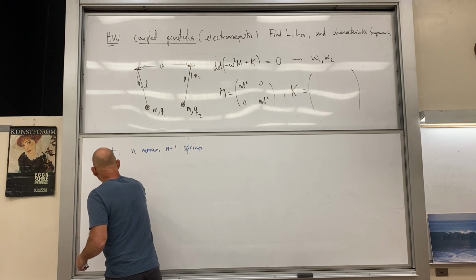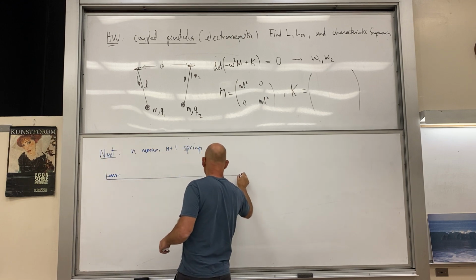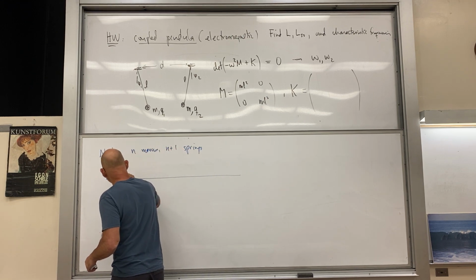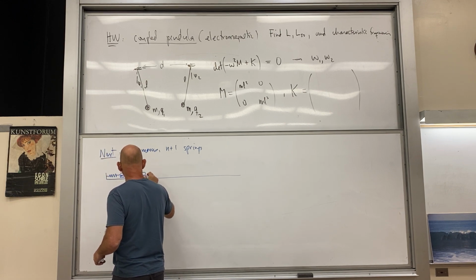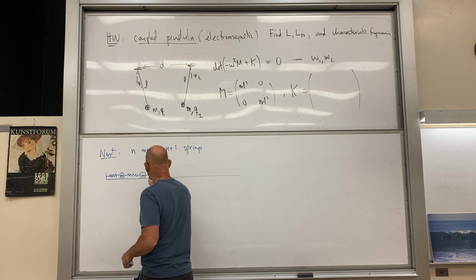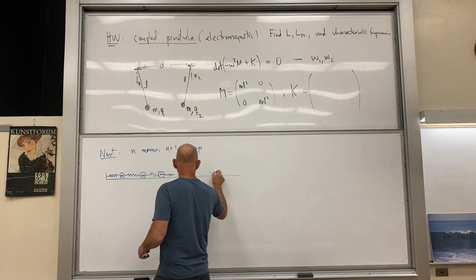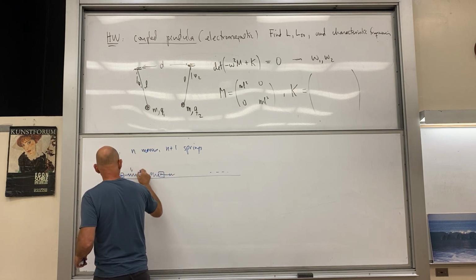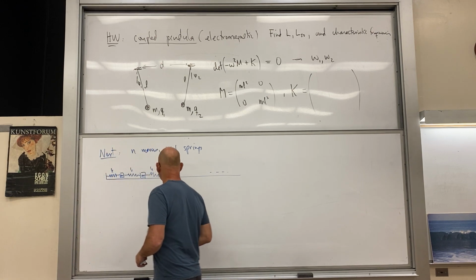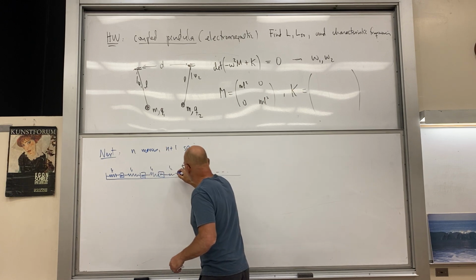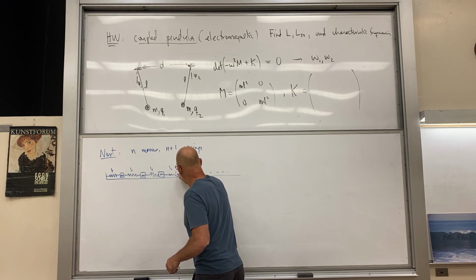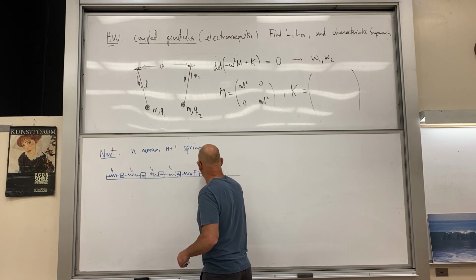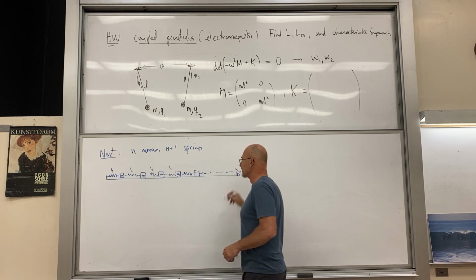And so our system will have a whole lot of identical masses, m, of course no friction, and the same springs all the way down to the end here, k, and so forth. So actually I do have to draw a couple more, and then all the way up to here.